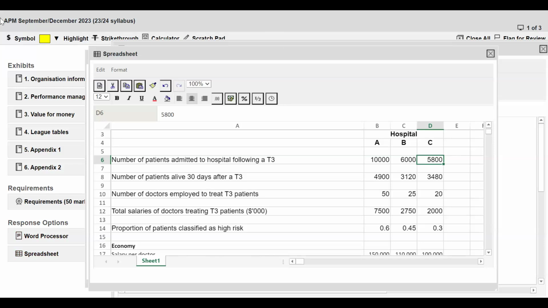Percentage of reduction in high risk patients for effectiveness, but no information. Yes, we don't have much information, right?